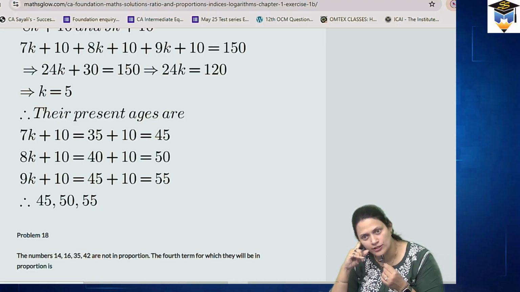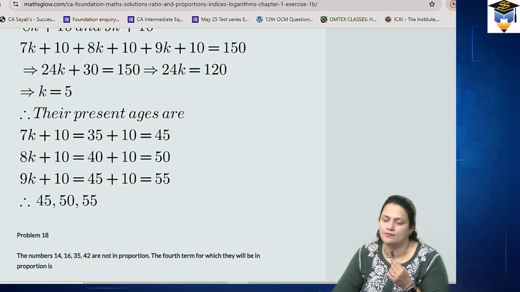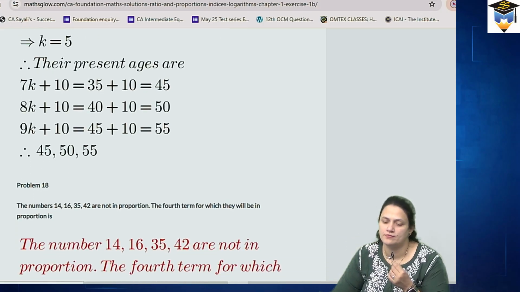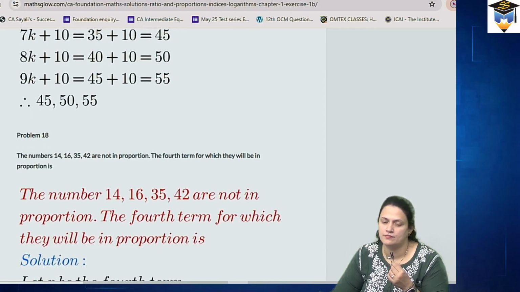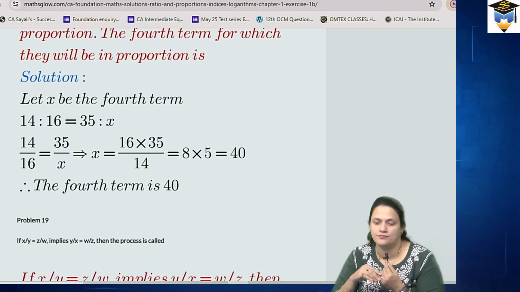Find out the fourth term. They confused you. Fourth term is given, but they have told you that they are not in proportion. So find out the fourth term.